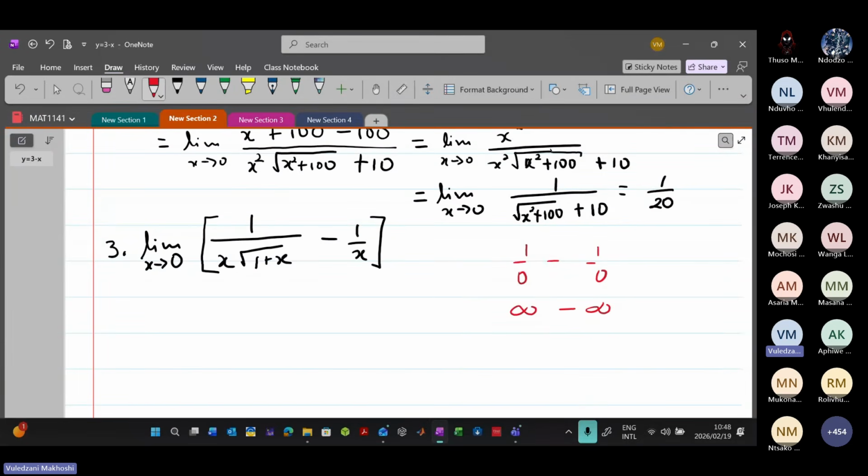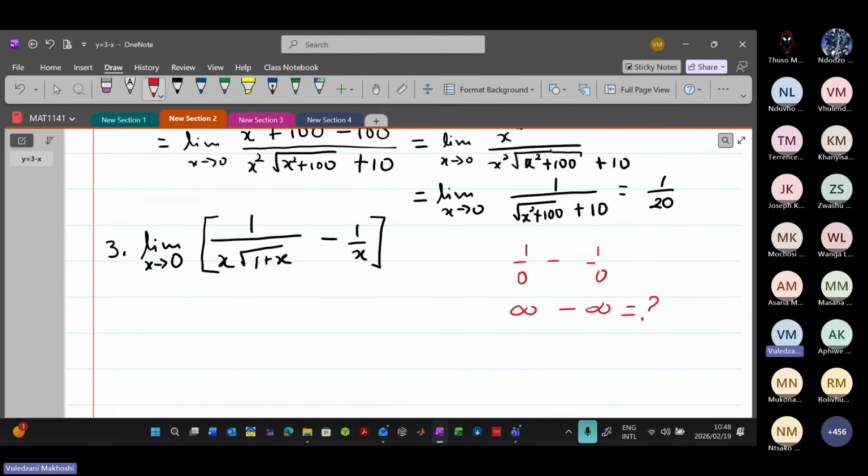minus infinity. So if we ask you, what is infinity minus infinity? What do you think infinity minus infinity is? Of course, some of you may think it is 0. It is not 0.